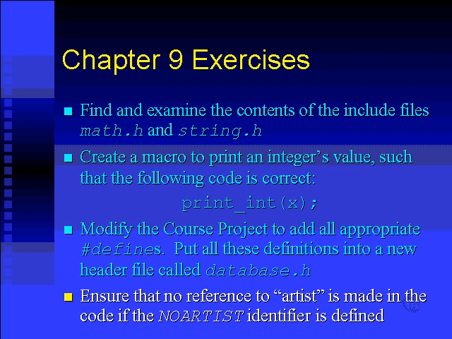I want there to be an artist version and a no artist version. So I want there to be a hash define called no artist or not. You want to be able to have the no artist hash define or not have the no artist hash define, and the code should behave accordingly. And I'll leave you to figure out which way around it should go.